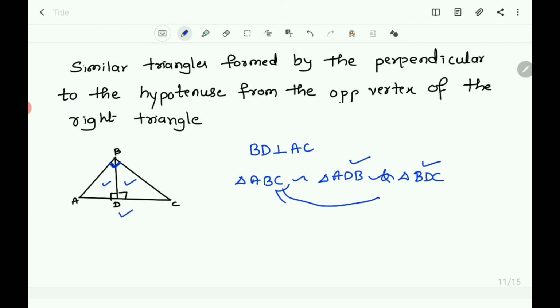That is the statement here. Here we have to use that to prove the Pythagoras theorem. So let us first have the proof of this.